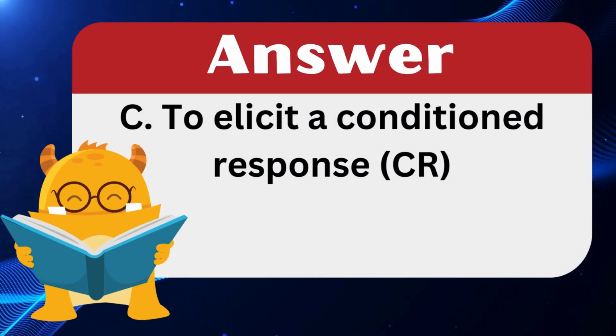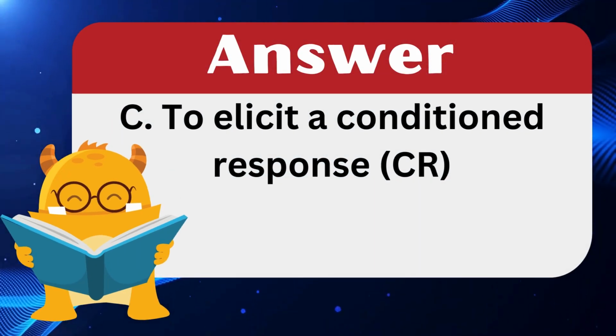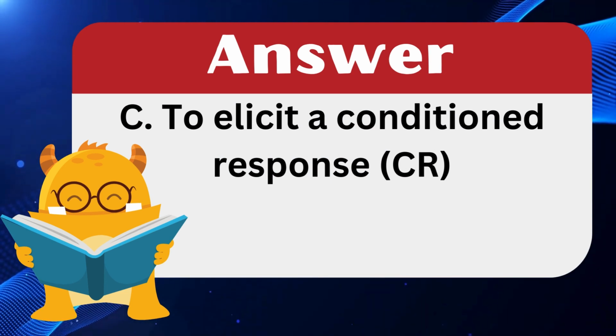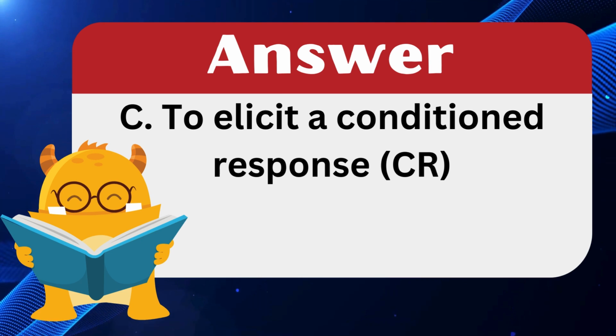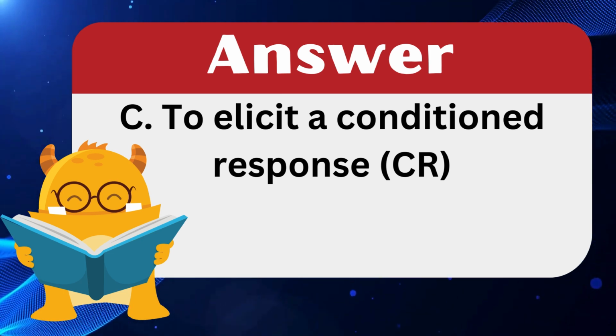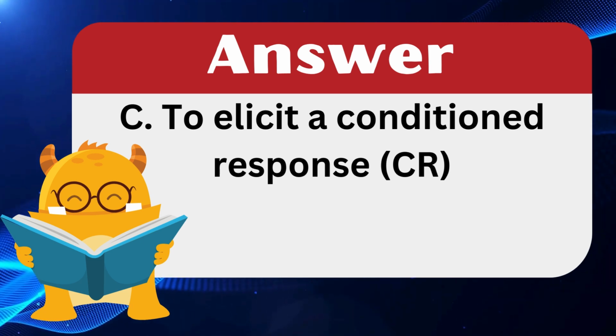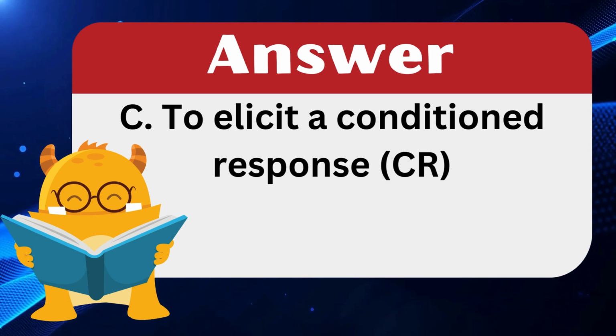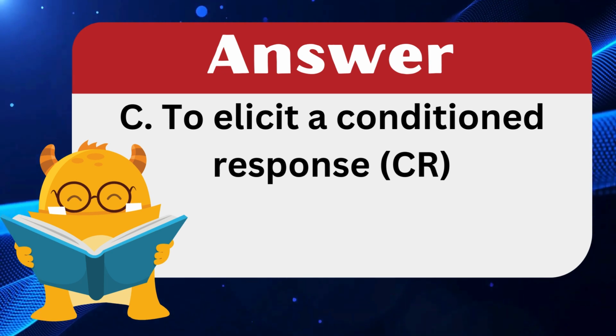C. The conditioned stimulus, CS, is a previously neutral stimulus, like the bell, that, through association with the unconditioned stimulus, US, eventually triggers a conditioned response, CR, similar to how the bell later caused salivation in Pavlov's dog after being paired with food.